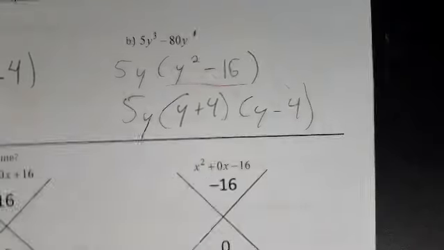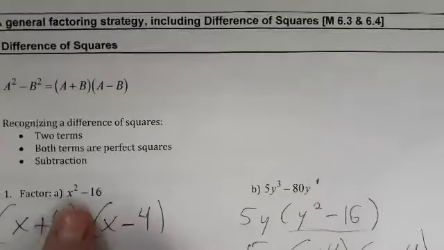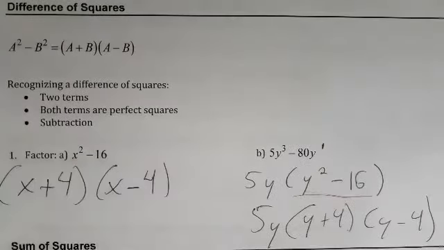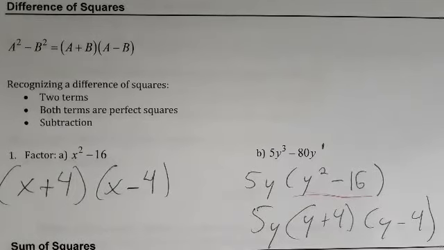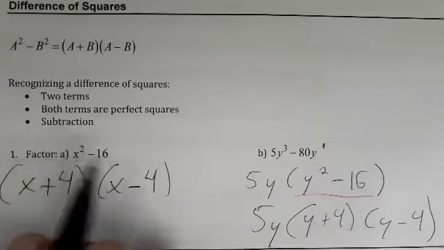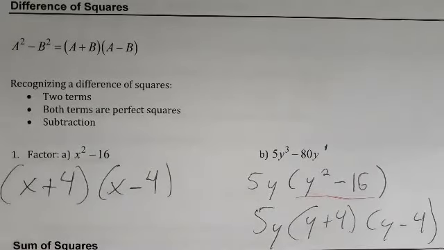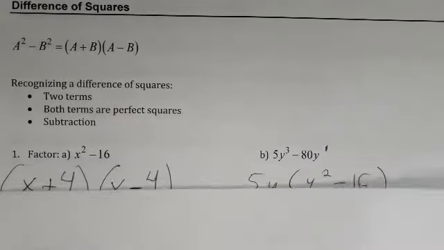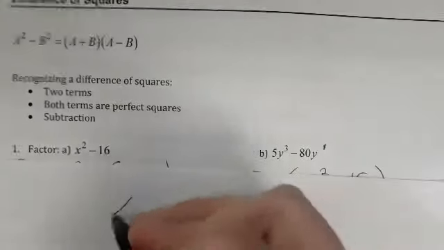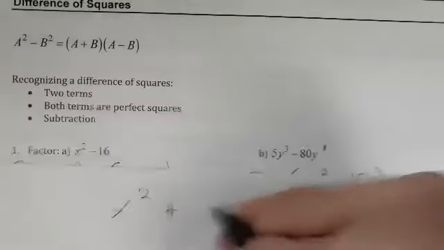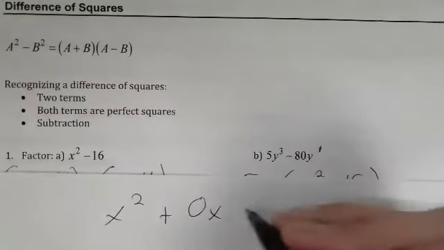Okay, so we had something like x squared minus 16. If we want to write this with three terms, we have an x squared term, and we have a minus 16, which looks like a constant. The term we don't have is an x term, so if we wanted to write it, it's a coefficient of 0.